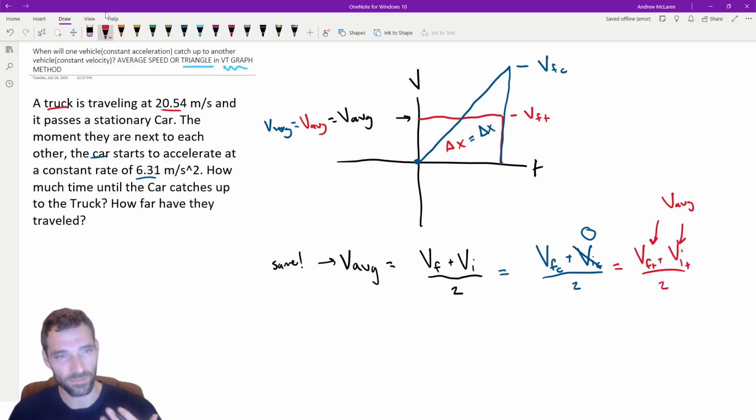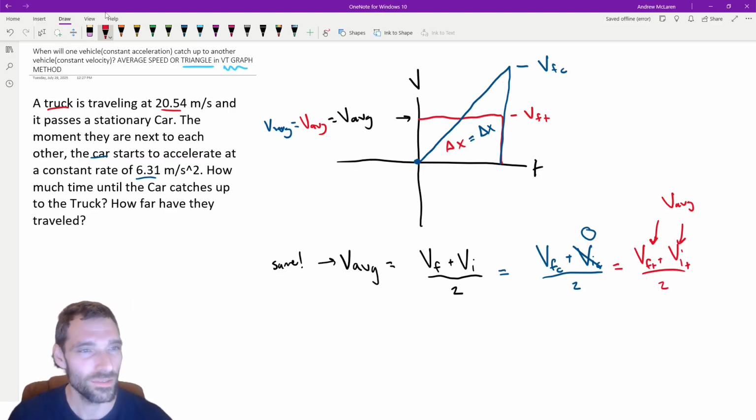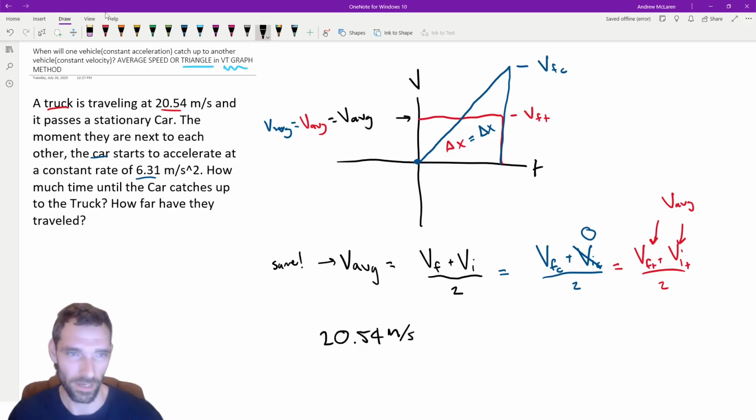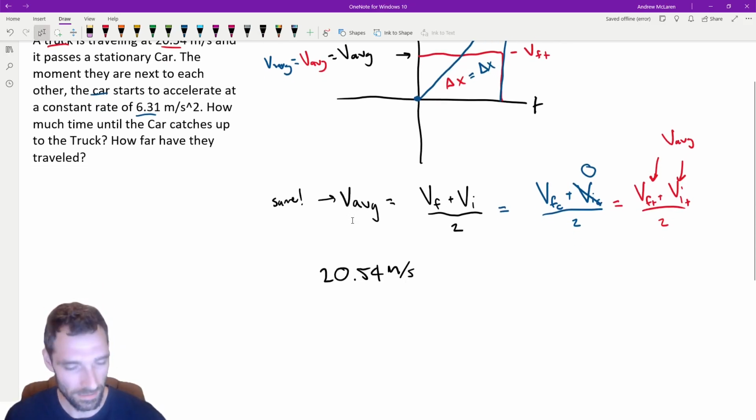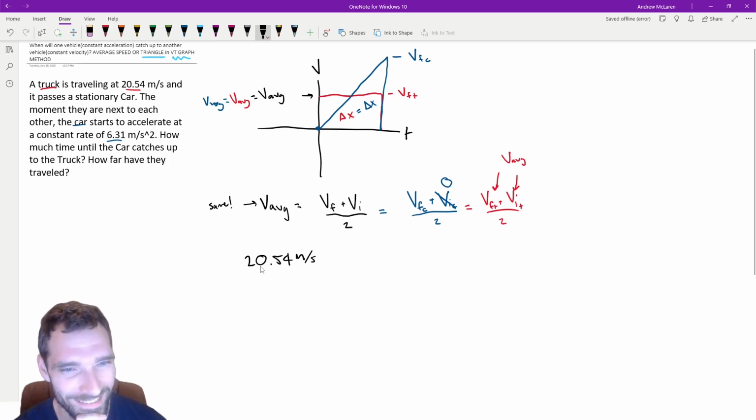So these types of problems, you're basically saying, when will I get going twice as fast as my average speed? So we know that our average speed for this problem is going to be 20.54 for both of our objects moving. And that means we just need to figure out at what time we get going twice as fast.